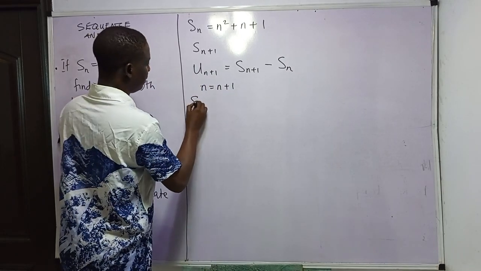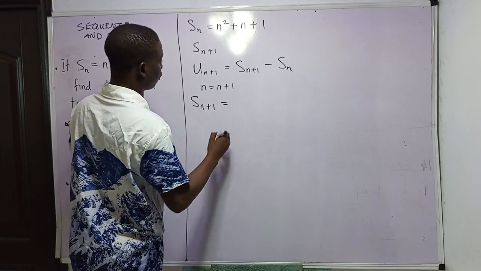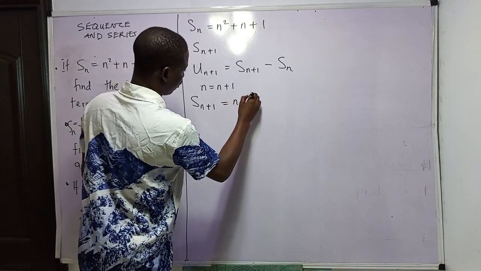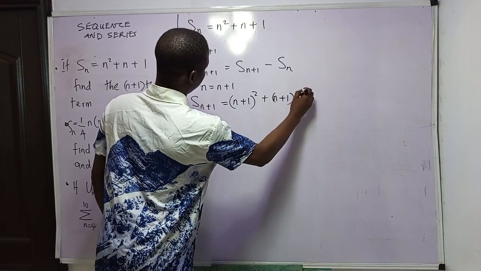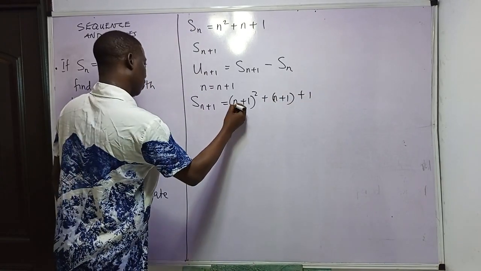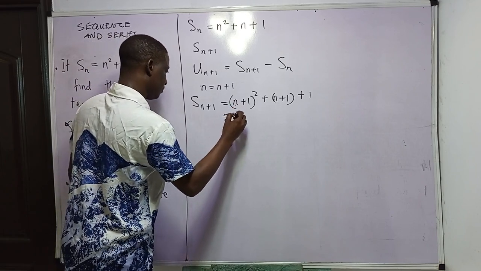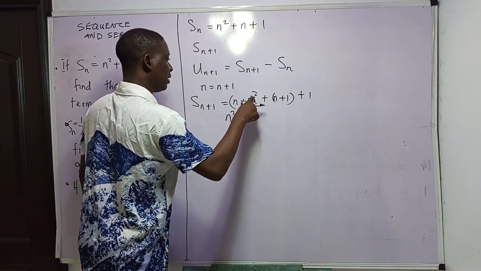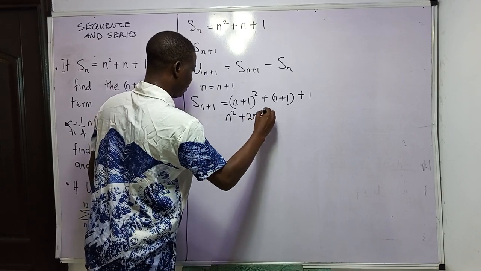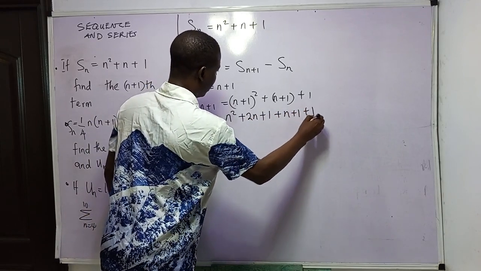So we're going to have S n plus 1 equal to n plus 1 all squared plus n plus 1 plus 1. Applying expansion, we are going to have n squared plus 2n plus 1 plus n plus 1 plus 1.